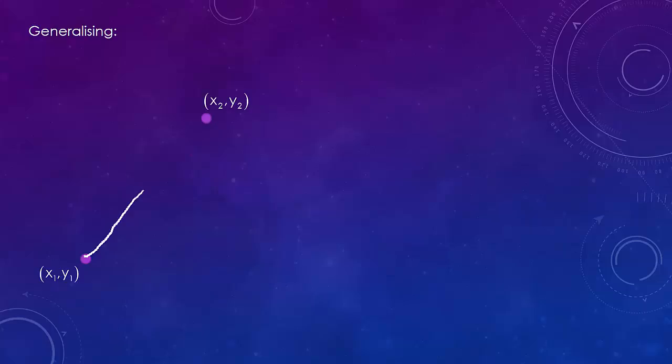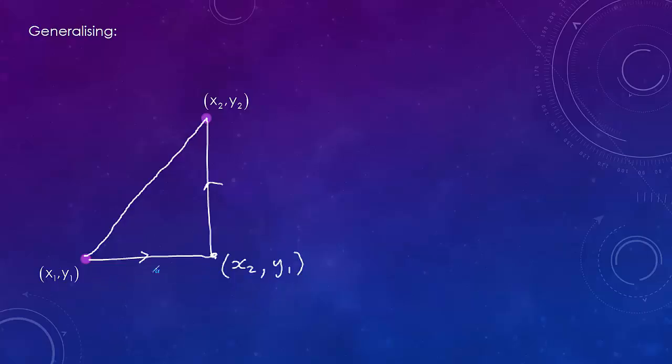So generalizing, we'll look at the points x1, y1 and x2, y2 again. And we're after the gradient of the line that goes through these 2 points. Once again, form this triangle, going across to the right first, and then in this case, we're going upwards. And remember that this point here has the same x-coordinate as this point, and the same y-coordinate as this point.